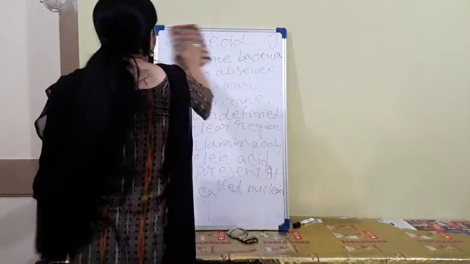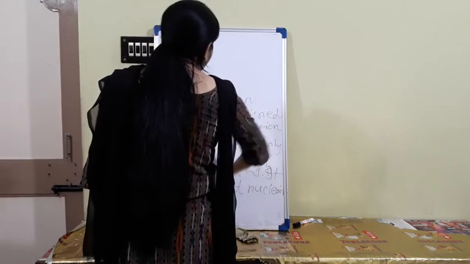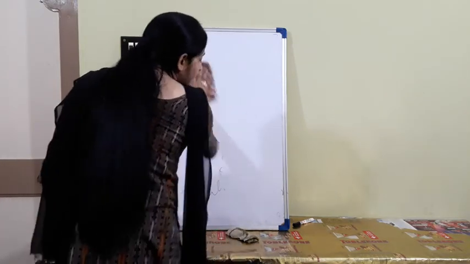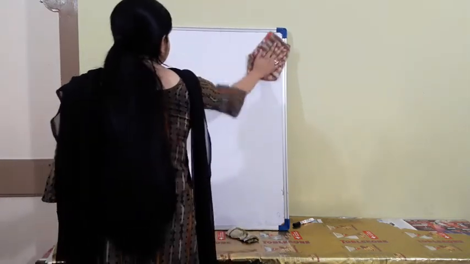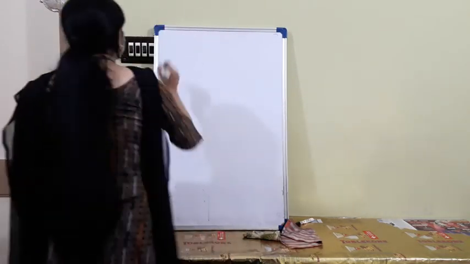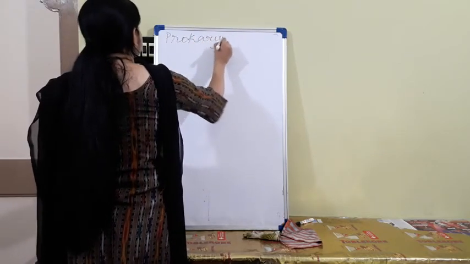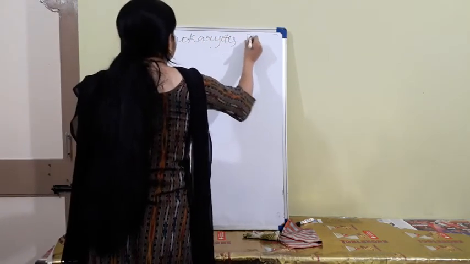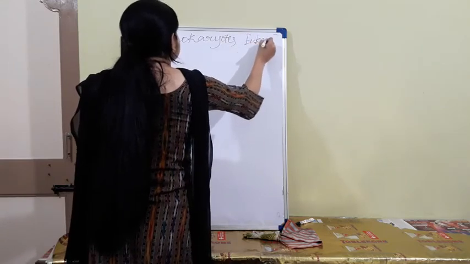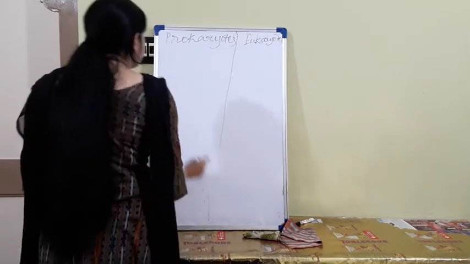So according to the presence of nucleus and nucleoid, the organisms are divided into prokaryotes and eukaryotes. You know what prokaryotes and eukaryotes are. So, the difference between prokaryotes and eukaryotes.